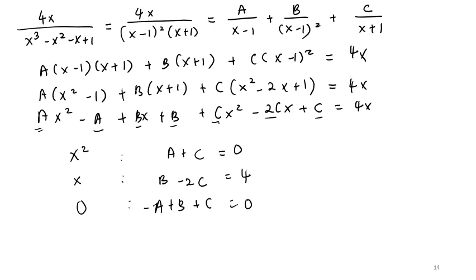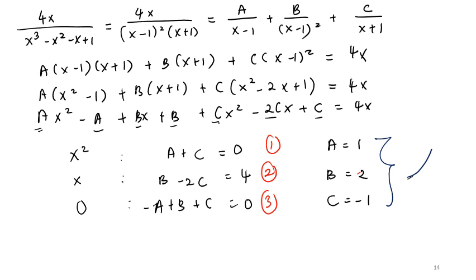So here you can solve the system of equations. You have 3 equations, 3 unknowns. Solve for A, B, and C. So you get A equals 1, B equals 2, and C equals minus 1. You can just replace these values to get your partial fraction.